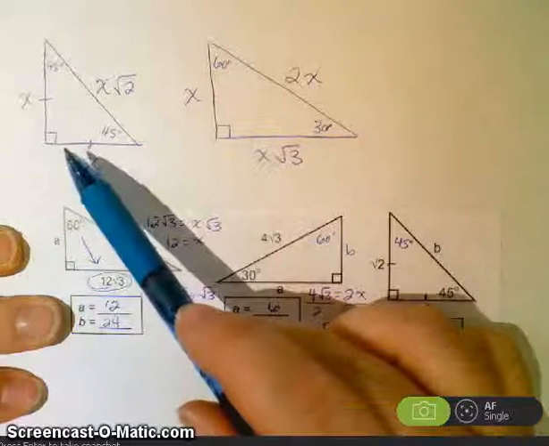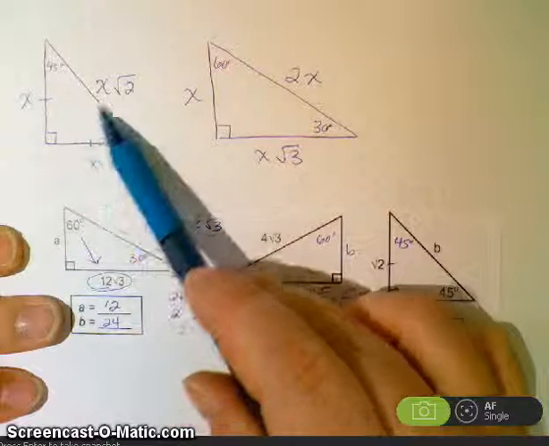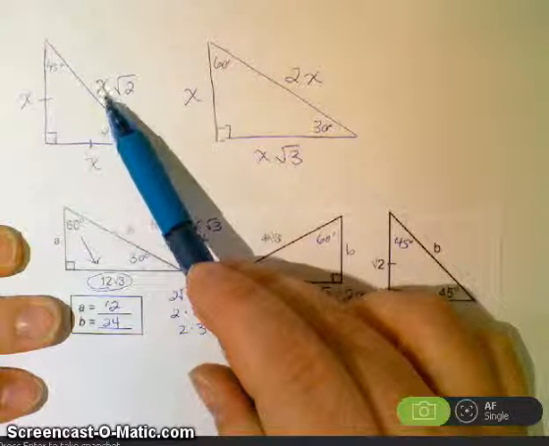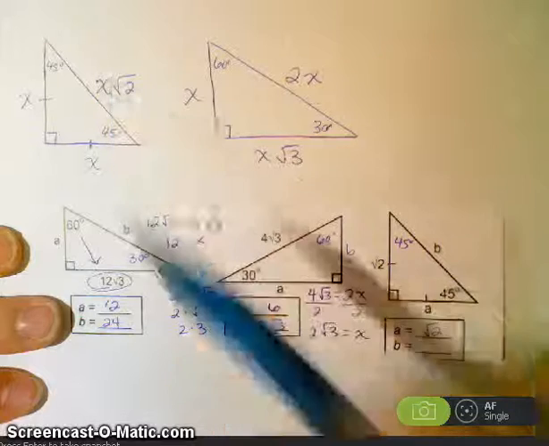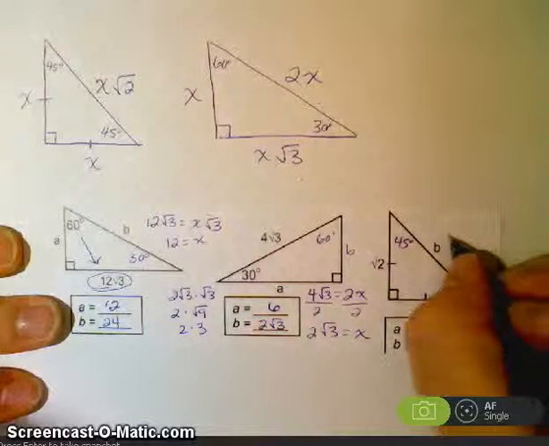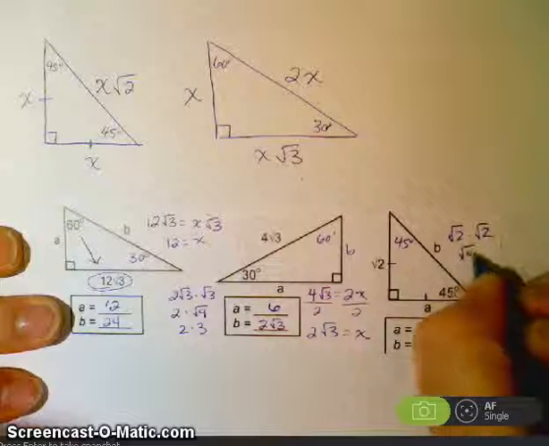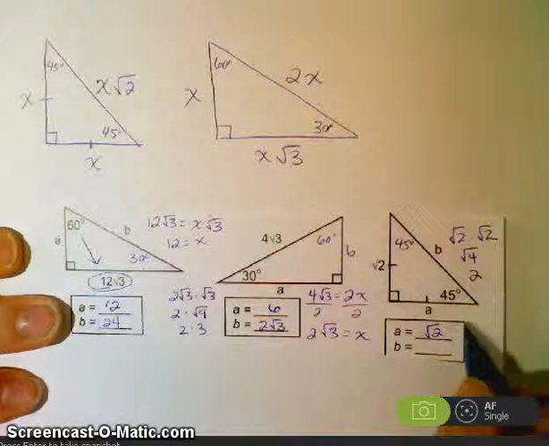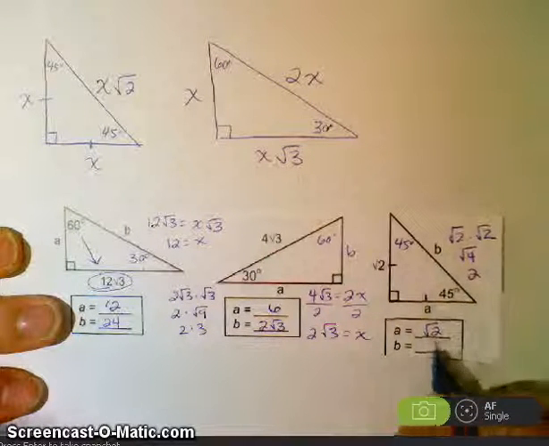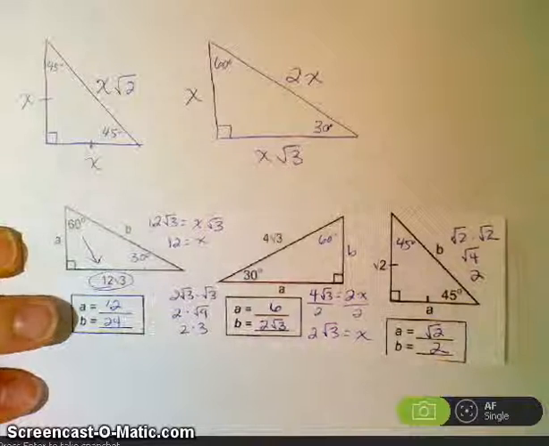So if you look at your 45, 45, 90 picture, across from the right angle, you take one of the congruent sides times the square root of 2. So square root of 2 times square root of 2 is square root of 4, or just plain 2. So side B here would be 2.